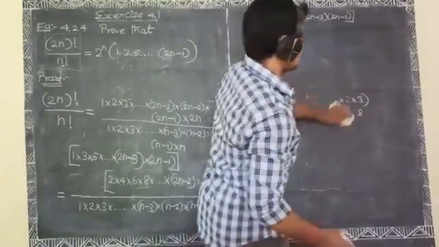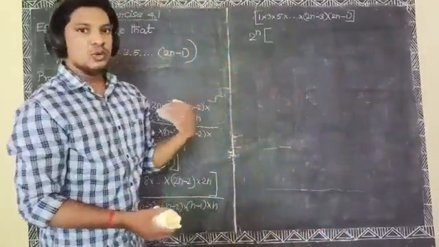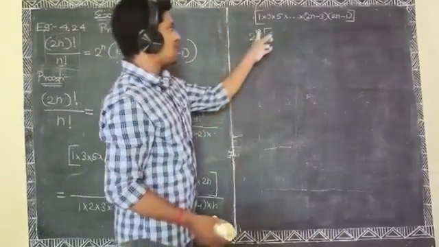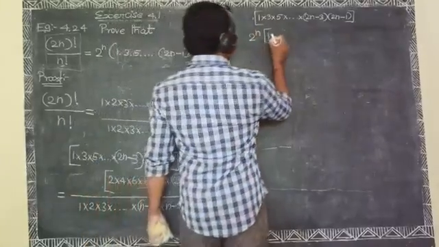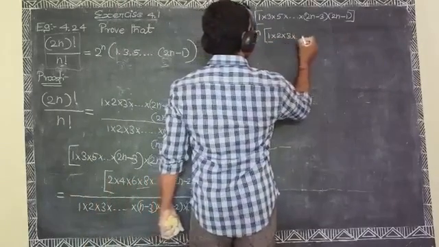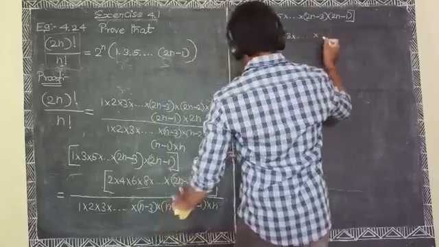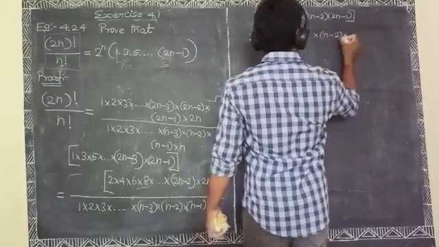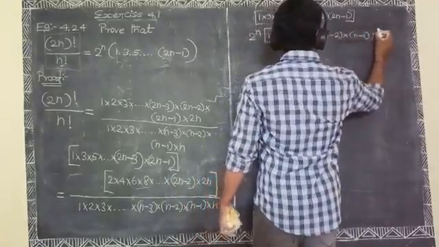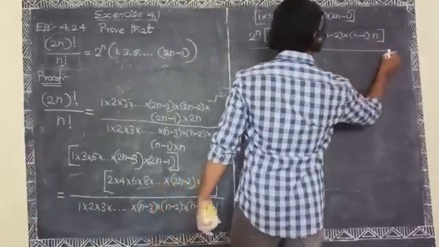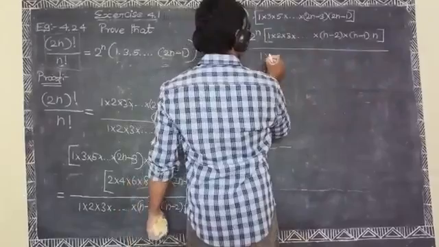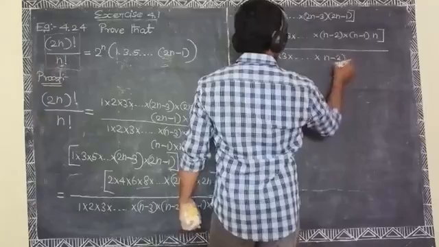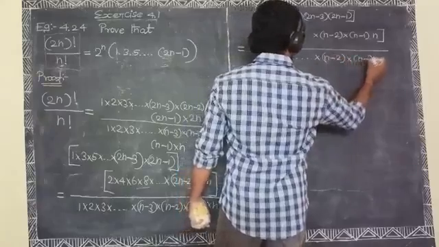Similarly for the nth process, take 2 outside in the n numbers 1, 2, 3, 4 and so on up to n numbers. Therefore 2 power n into 1 into 2 into 3 into and so on, up to n minus 2 into n minus 1 into n. This is the numerator. Then the denominator is 1 into 2 into 3 into and so on up to n minus 2 into n minus 1 into n.